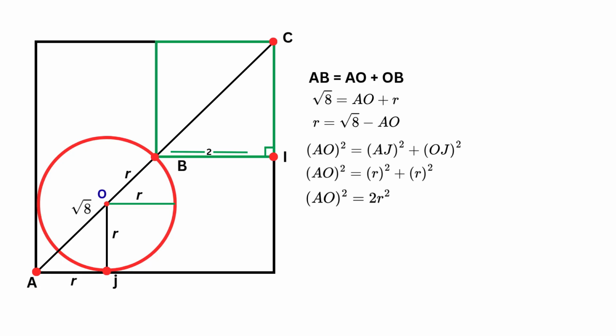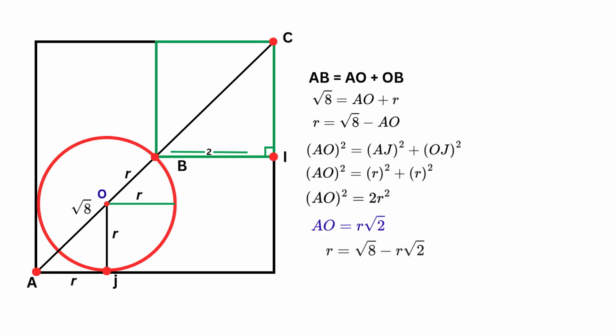Taking square root on both sides, AO equals square root of 2R squared. After simplification, we get AO equals R times square root of 2. Now, we substitute AO equals R times square root of 2 back into our earlier equation: R equals square root of 8 minus R times square root of 2.